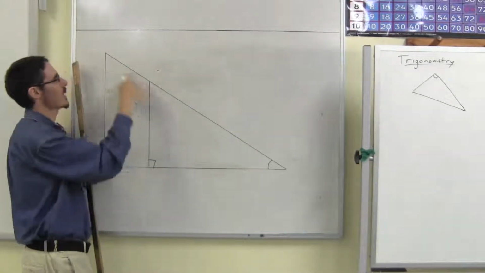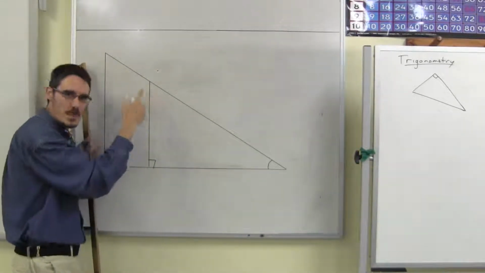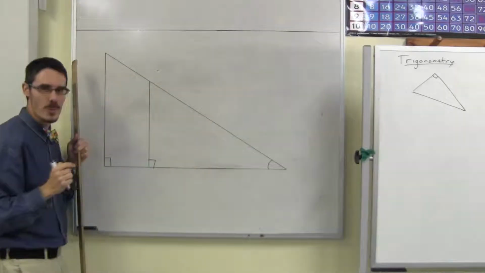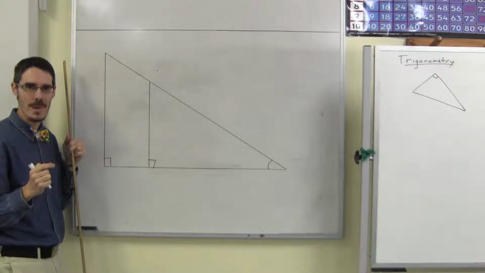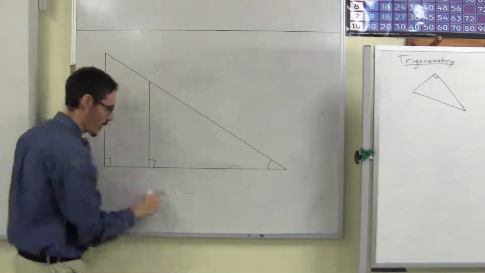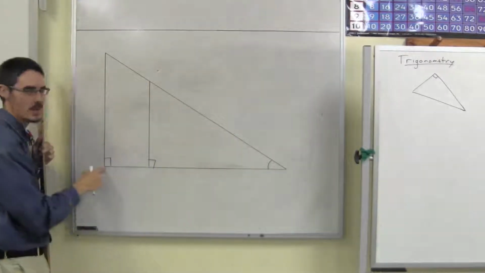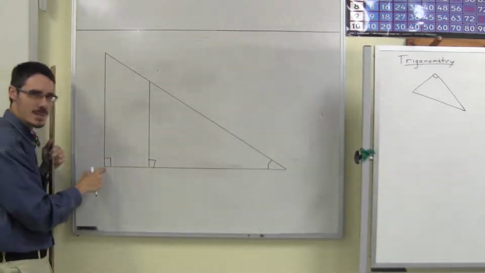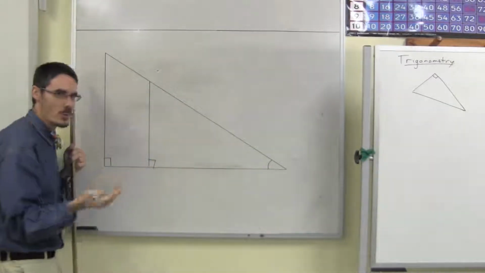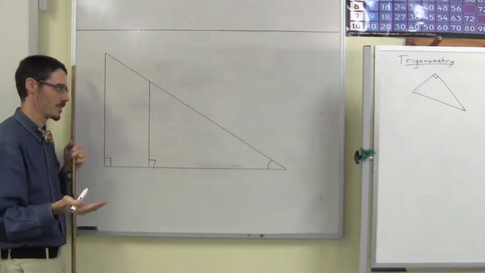So this angle and this angle must be the same. Which means these two triangles are what we call similar. And that means if I get this length divided by this length, the whole lot, it's going to be the same as this length divided by that length, because they're similar triangles.